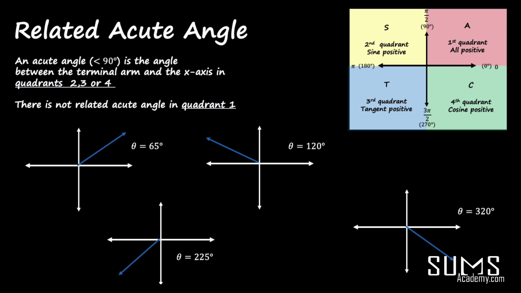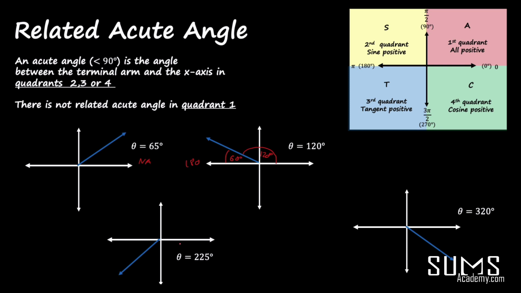Here, in the first quadrant, there's going to be no related acute angle, so N/A. But in here, we can see that this is 120 degrees. To get to here, which we know is 180 degrees in a straight line, this must be 60 degrees.